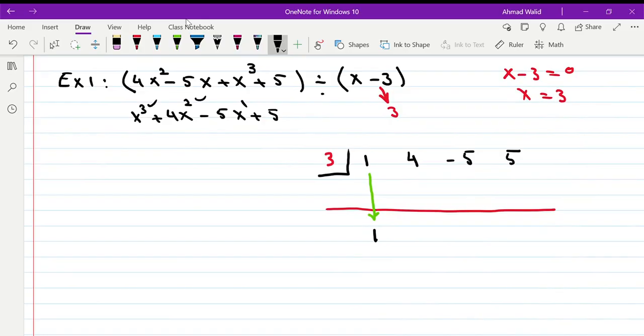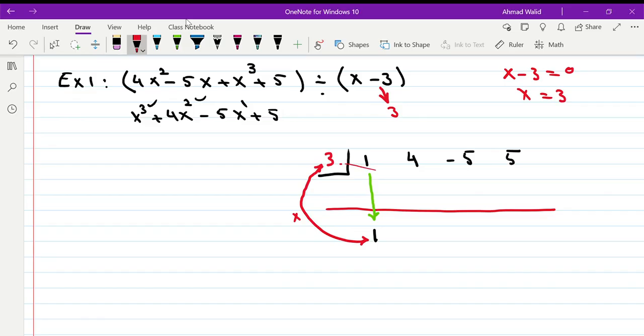Now, what you do, look, I'll show you the steps. Multiply this number with this number. 1 times 3 is 3. Where to write your answer?